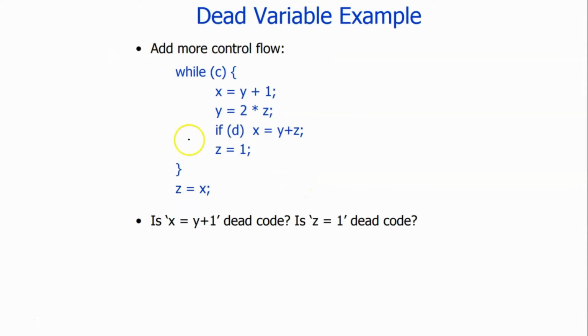Let's take this slightly more complicated example. Tell me, x equal to y plus 1: is this dead code? Why is this not dead code?